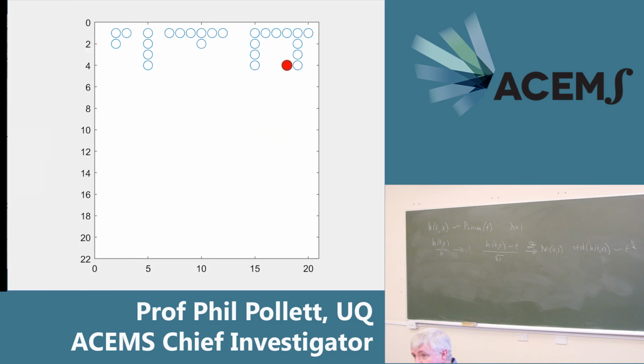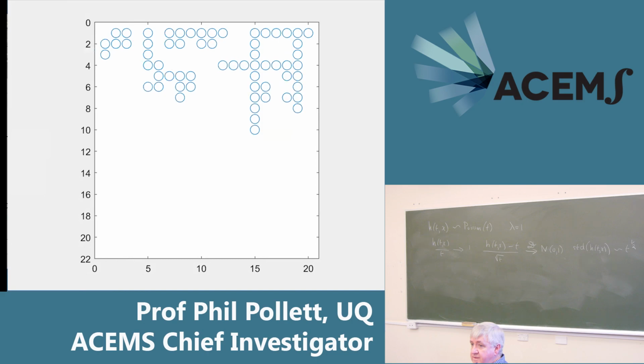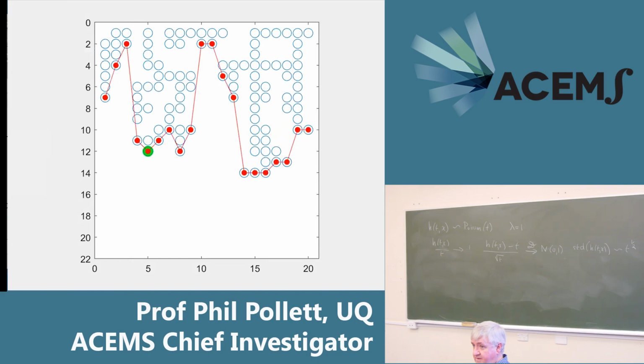So I'll get it going and we can see the wave front, the height function. It's going to take over from me in a minute. There it goes. So the height function will start to appear now, soon, I hope. So Phil, what's the precise rule governing how this happens? The sticking.